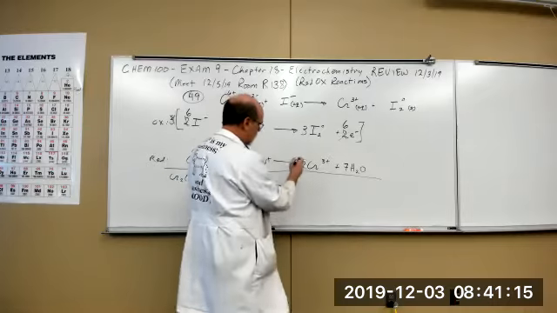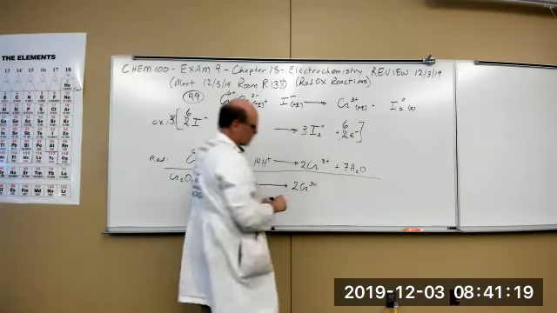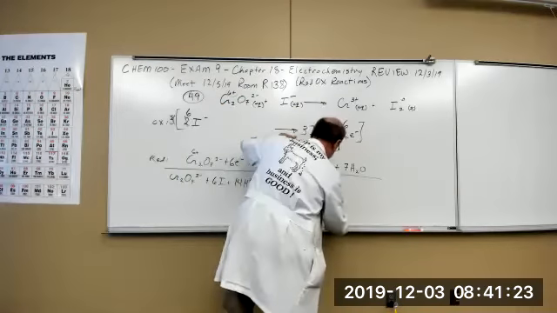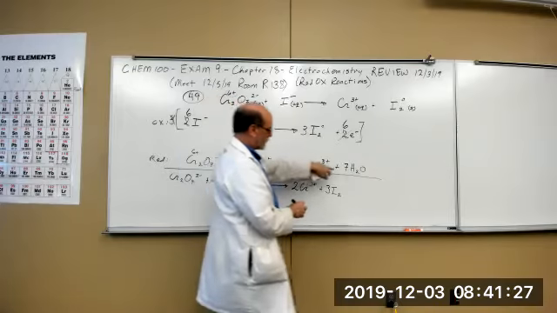And on this side, we have 2 chromium 3+ and 3 iodines and 7 waters.